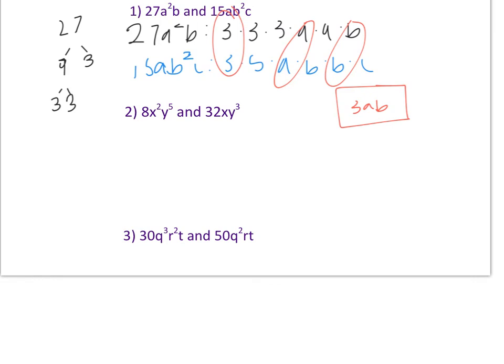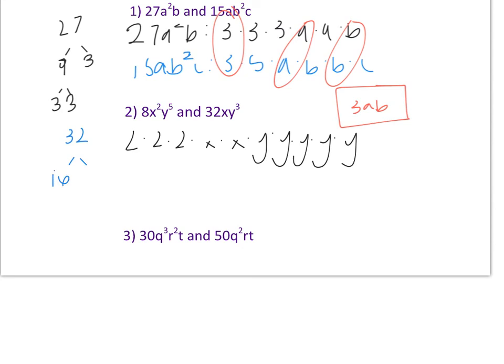Let's take a look here at number 2. So 8x squared y to the 5th and 32xy cubed. So 8x squared y to the 5th, 8 breaks down into 2 times 2 times 2, x, and then 5 y's. And then 32xy cubed. Well, 32, if we don't know what that breaks down into, let's write it off to the side.